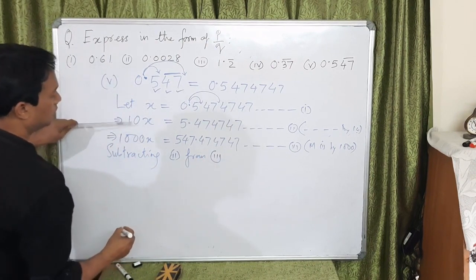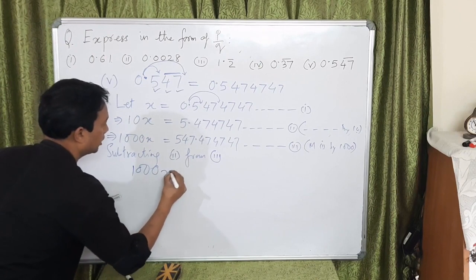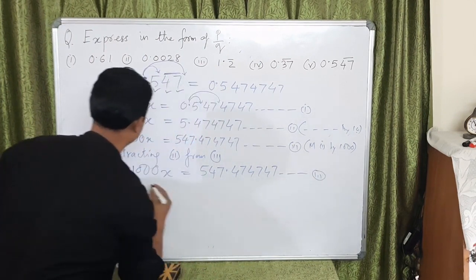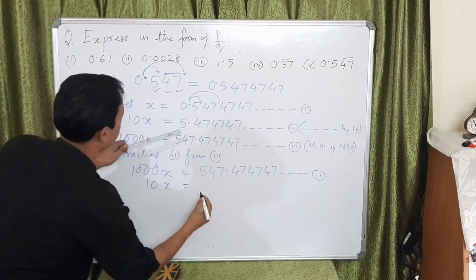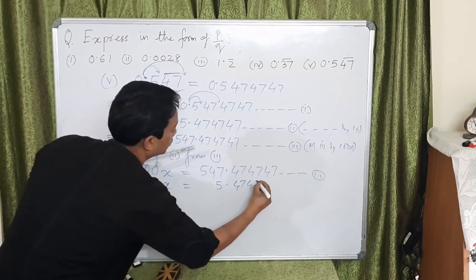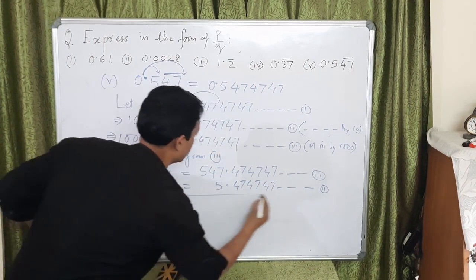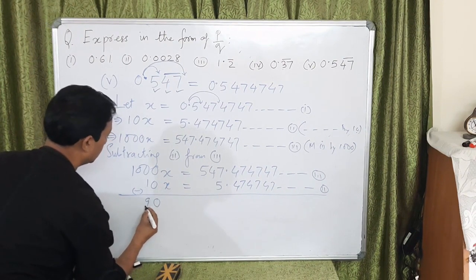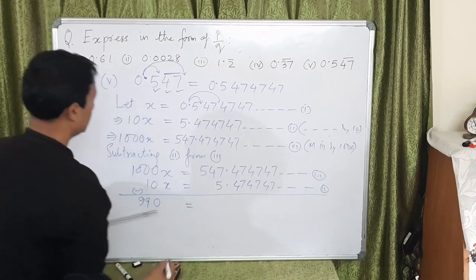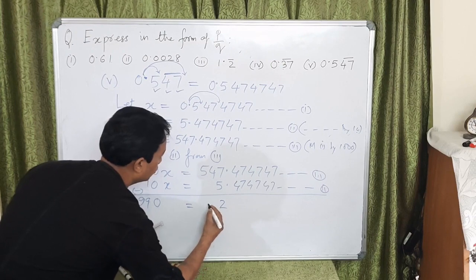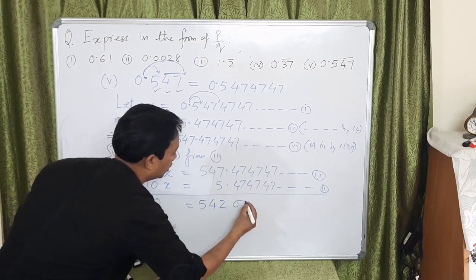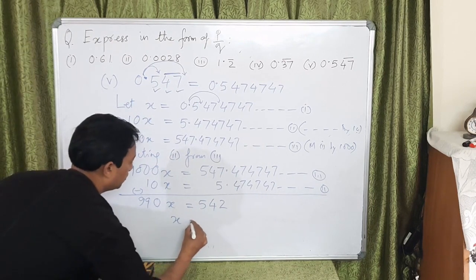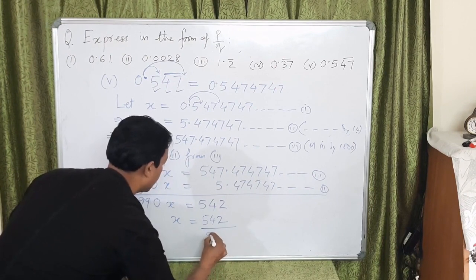We will not use equation 1 in this type; we make 3 equations and subtract 2 from 3. So equation 3 is 1000x equals 547.474747, and equation 2 is 10x equals 5.474747. Subtracting, the repeating decimals cancel, 1000 minus 10 is 990, and 547 minus 5 is 542. So x equals 542 by 990.